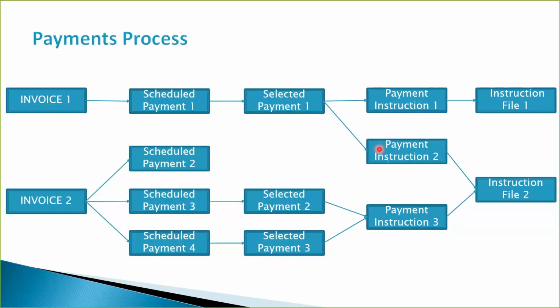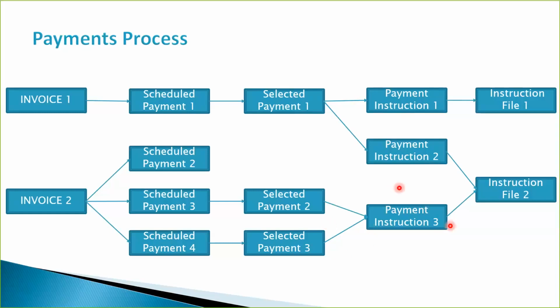And you can see the relation between the selected payments and the payment. For example, here you can see that selected payment 2 and payment 3 have been grouped into one payment.